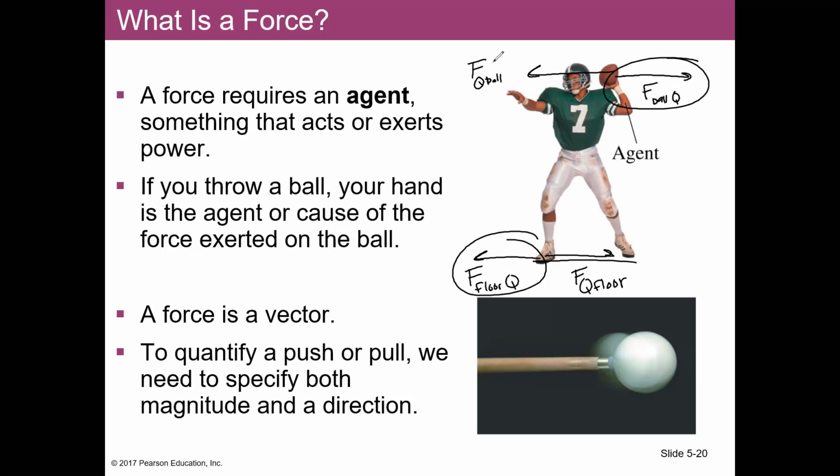You've got the quarterback as the agent exerting the force on the ball, but the ball is the agent exerting a force on the quarterback, and then the surface is the agent exerting a force on the quarterback, but the quarterback is also an agent exerting a force on the surface. And it can't be a slick surface. It's got to have friction. It's got to be a rough surface so that there's friction.